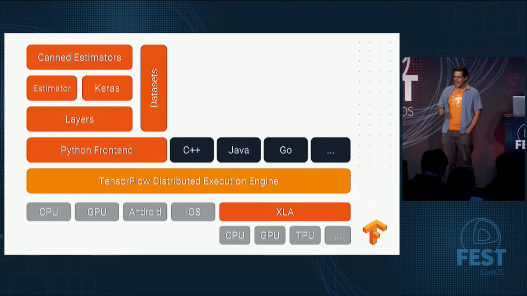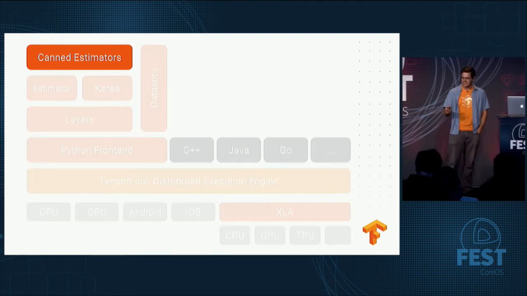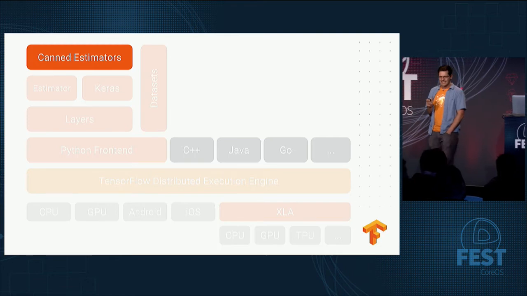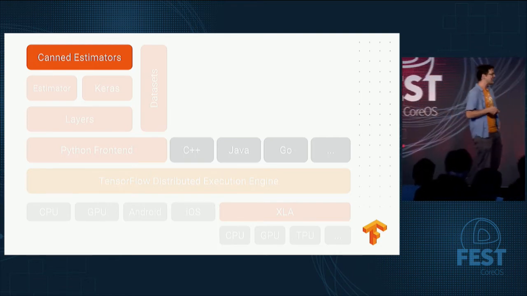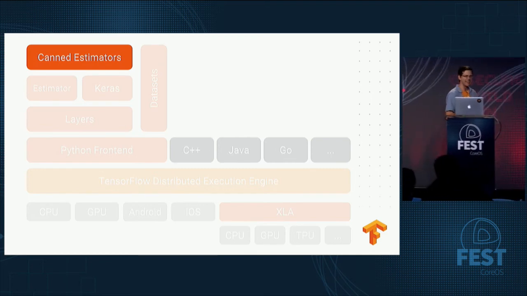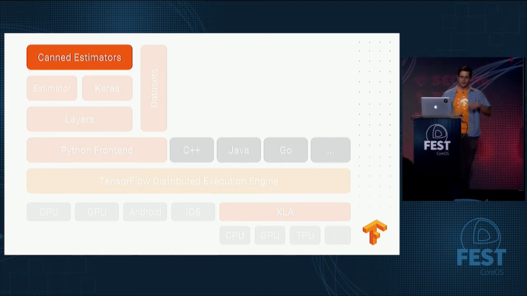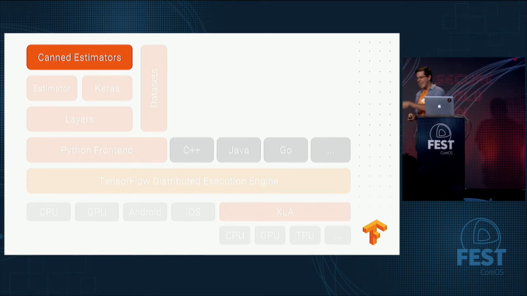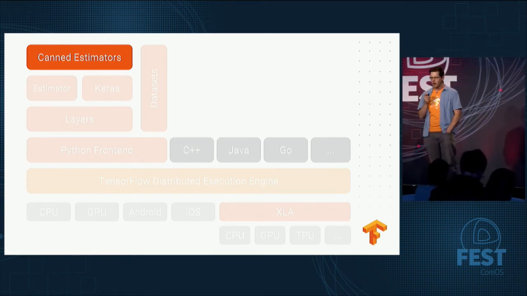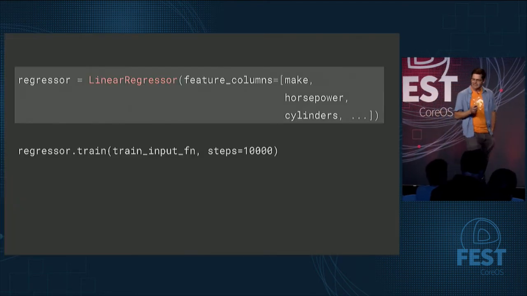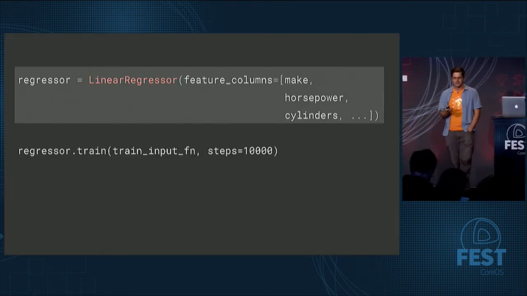So we have high-level components for customizing your own models, but we also have these canned estimators. These are standard, well-understood models, and in a lot of cases, like most of the models I built at my previous job, these canned estimators have you covered. There is a short list of models that can solve quite a few problems.